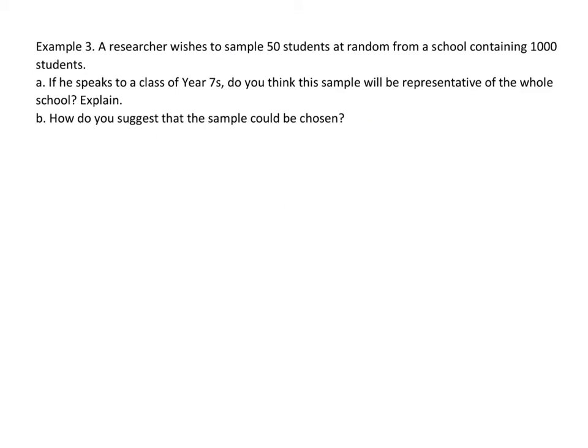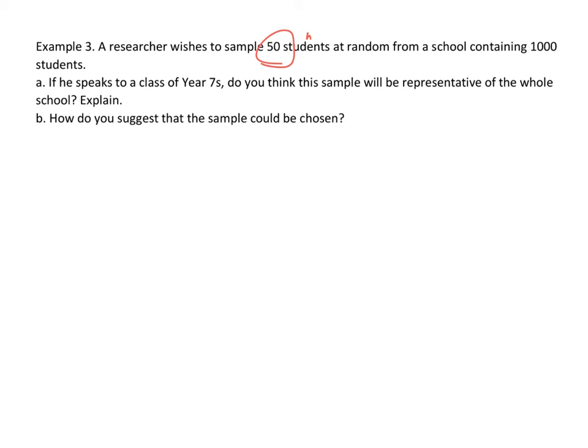Now, a researcher wishes to sample 50 students, so that will be our n, at random from a school containing 1,000 students. If he speaks to all the class of year 7s, do you think this will be representative, and explain? And how do you suggest the sample could be chosen?